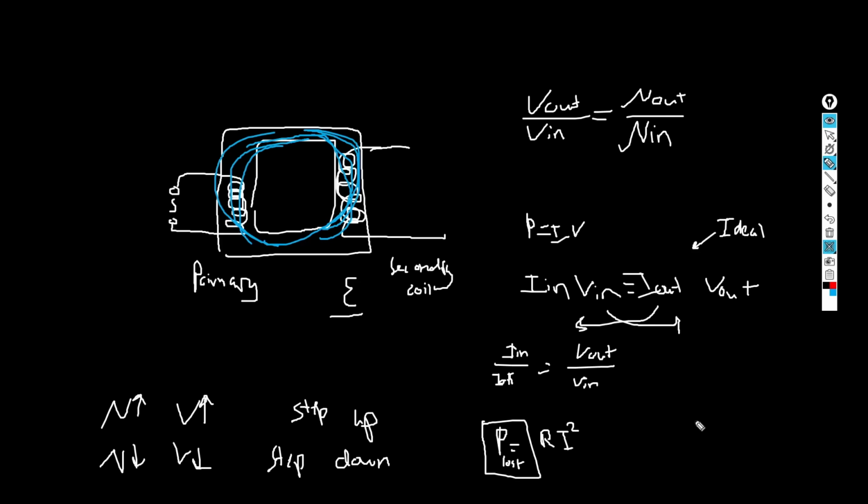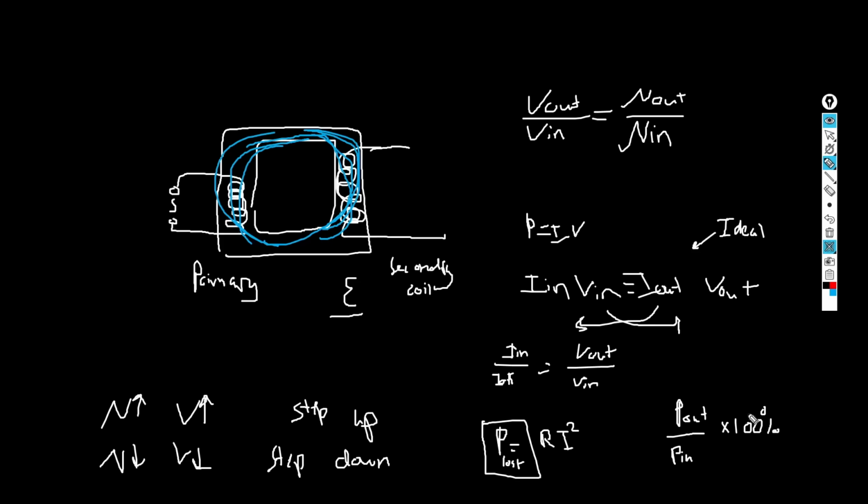Okay, now when is a transformer ideal? When its efficiency is 100%, it doesn't lose power. Power out over power in equals 1. Okay, so this is when it's ideal. But power out over power in times 100%, I mean, they always want it as a percentage.